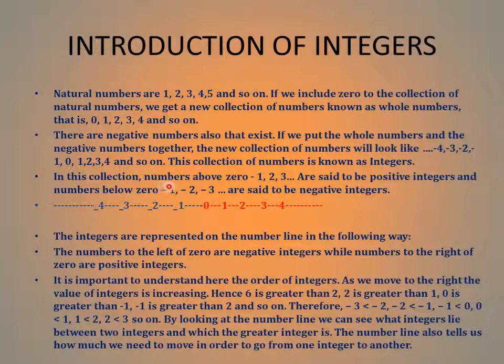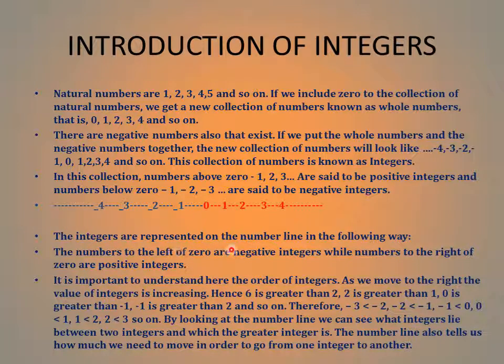In this collection, numbers above 0, that is 1, 2, 3, are said to be positive integers, and the numbers below 0, minus 1, minus 2, minus 3, are said to be the negative integers. So here you will have a number line. What is a number line? You see, it's minus 4, minus 3, minus 2, minus 1, 0, 1, 2, 3, 4. Those above 0 are positive and below 0 are negative.